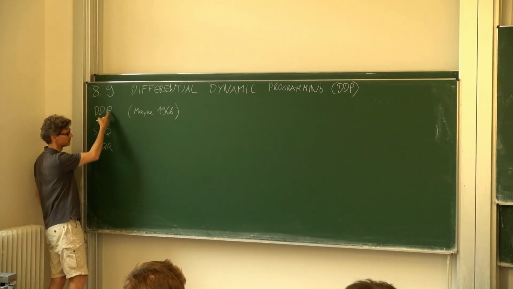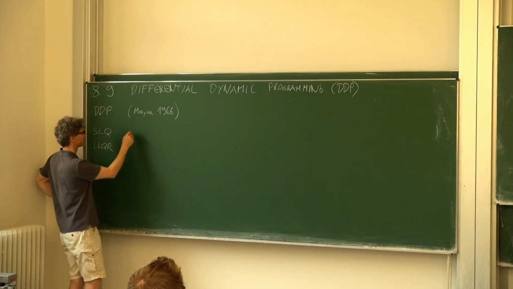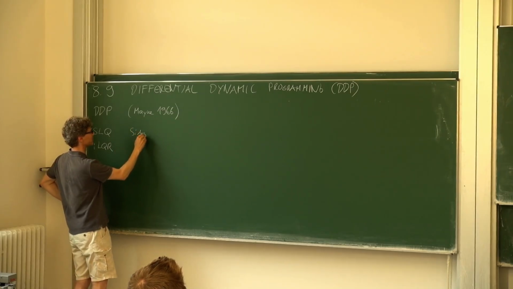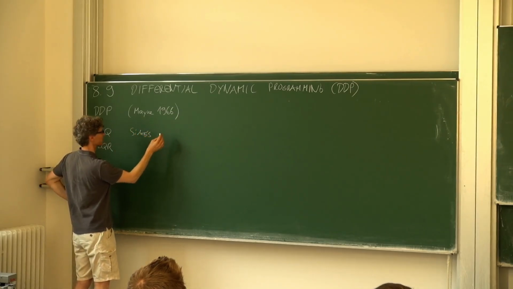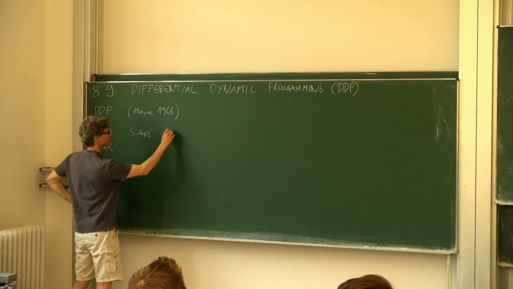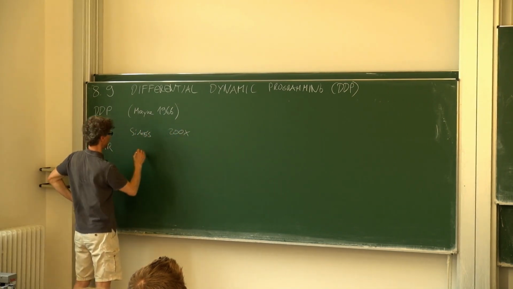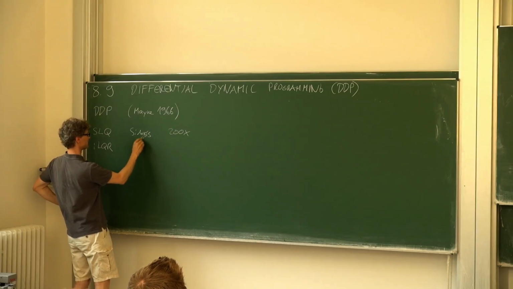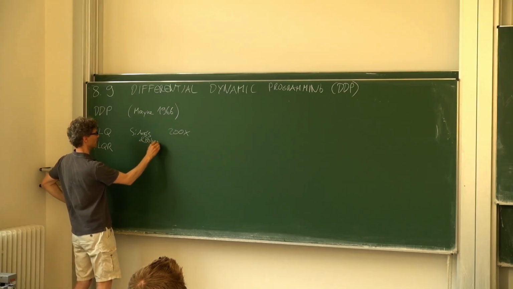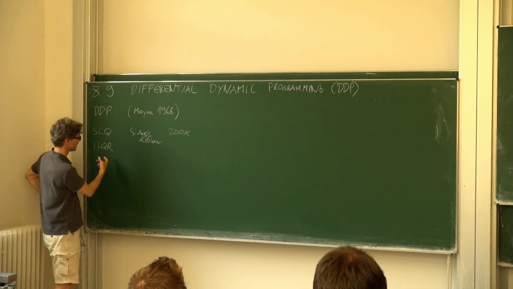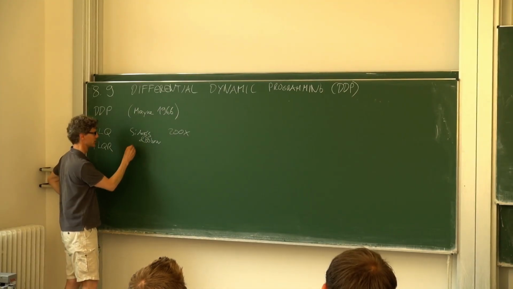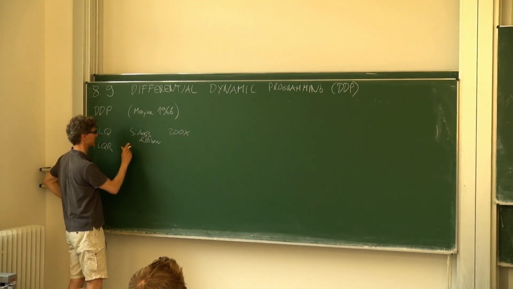Yeah, so they, I think, all know about that. And this was Sideris, one person called Sideris. I forgot the exact year, but it was 2000-something. And the same, Sideris and Bobrow. And the other was ILQR, and that was, I think, Todorov, or Li and Todorov, I think.